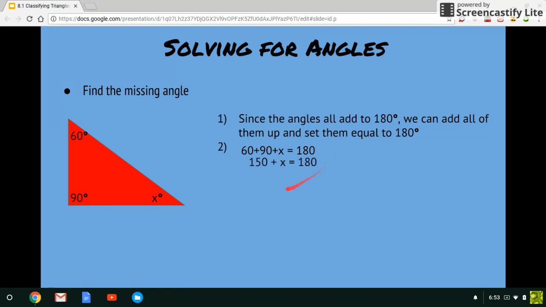So 60 plus 90 is 150. And then plus x equals 180. And then we'll just subtract 150 from both sides to get that x equals 30. So x is 30 and our missing angle is 30 degrees. So that's how we can use our knowledge about angles to solve for them.